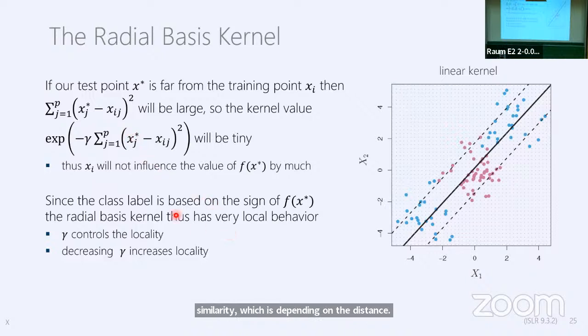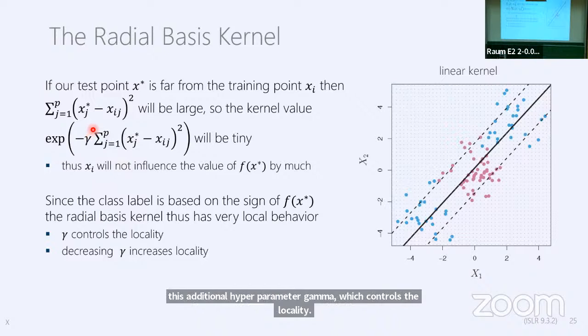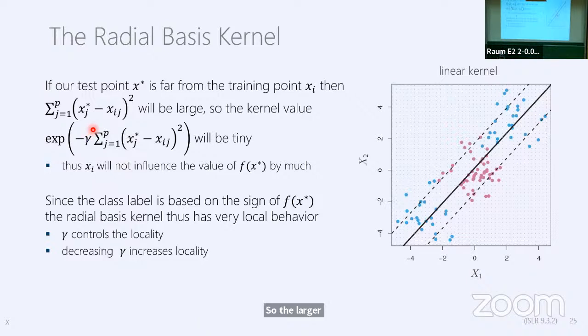And essentially, as we discussed before, we have this additional hyperparameter gamma, which controls the locality. I think I said that wrongly before: decreasing gamma increases locality. This is also something that came up in a discussion in the break.